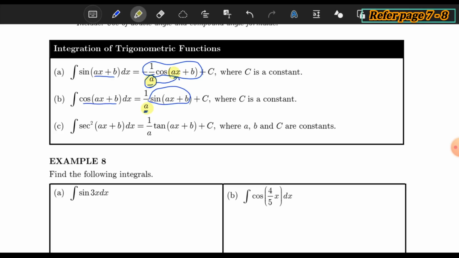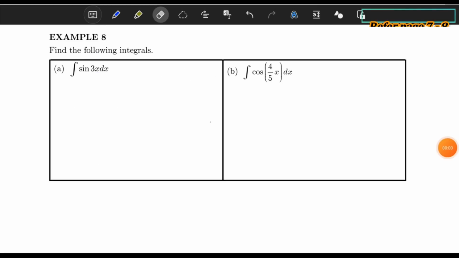Again, the 1 over a is from the derivative of the angle. And last one, integrate secant squared(ax plus b) equals tangent(ax plus b) over a plus c, with the a from the derivative of the angle.